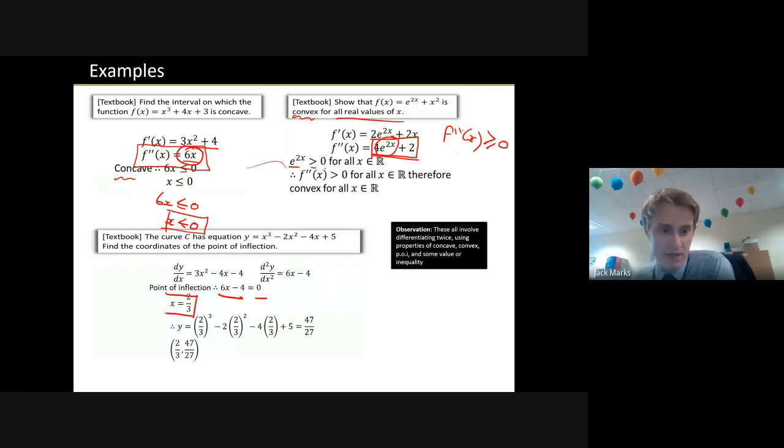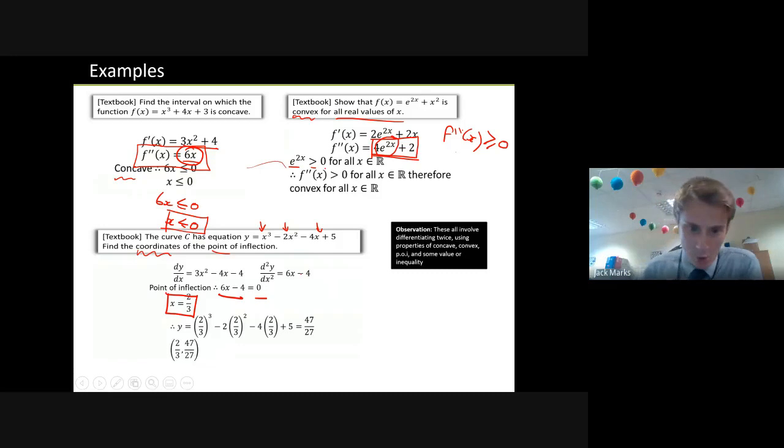That means the point of inflection is when x equals 2/3. So how do you find the actual point? Well, it says find the coordinates. So once you have the x value, that's great. Plug it back into the initial equation, because that will tell you the y if you give it an x.